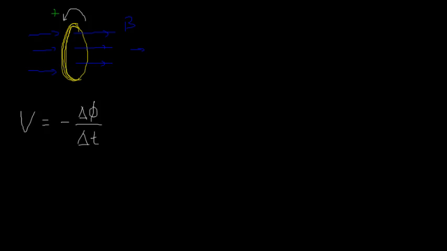Now that means that the current should produce a flux in say this direction. So this is the magnetic field from the current. If the current is to produce a magnetic field in the opposite direction, to try to oppose this changing flux, what direction should the current be in?